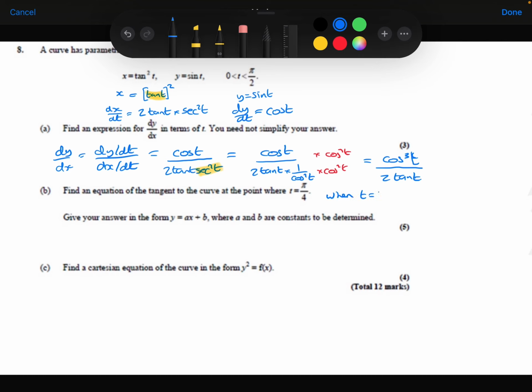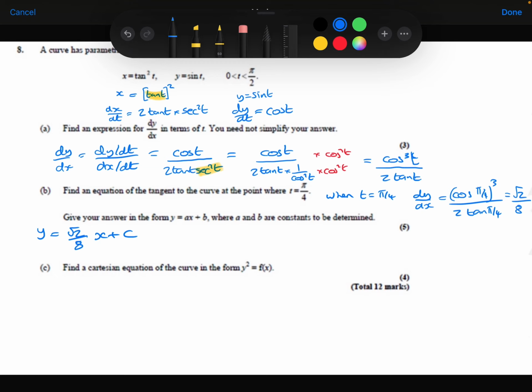So when t equals pi over 4, dy by dx is equal to cos pi over 4 cubed divided by 2 times tan pi over 4. And substituting that in, I find that I get root 2 over 8. So that is the gradient of the tangent. So I can now say y equals root 2 over 8 x plus c.